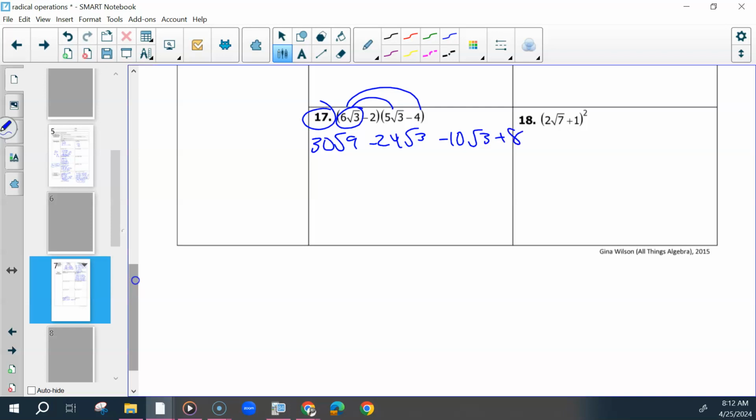And then of those, we can simplify the root of 9 and combine the middle two. We can do that simultaneously. So if I combine these two, what would that be? Negative 34 root 3.